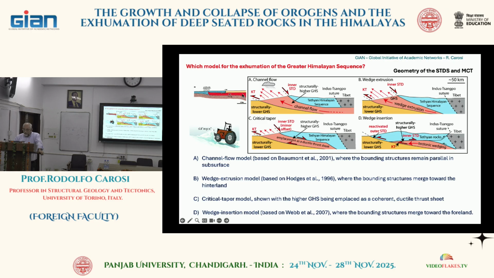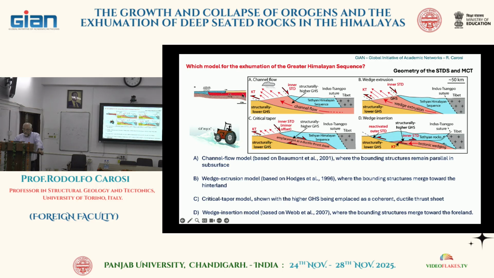A different point of view has been proposed by Alexander Webb, 2007, proposing the wedge insertion model, and for him the Greater Himalayan sequence is a wedge moving to the south and causing the movement along the South Tibetan detachment as a passive fault. It is more or less a back thrust for him, not a normal fault.